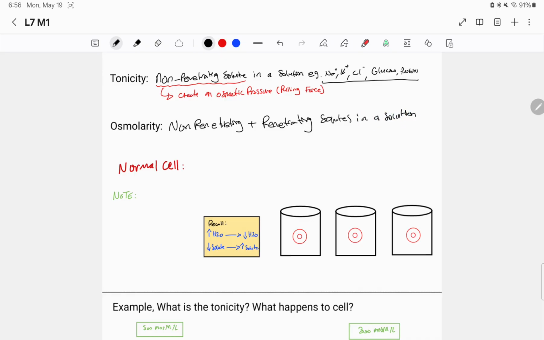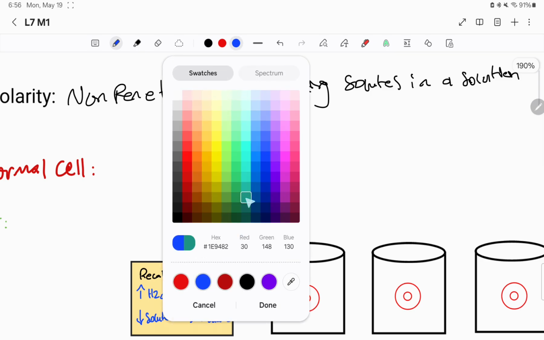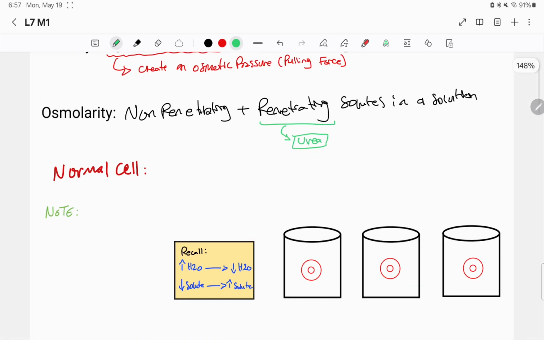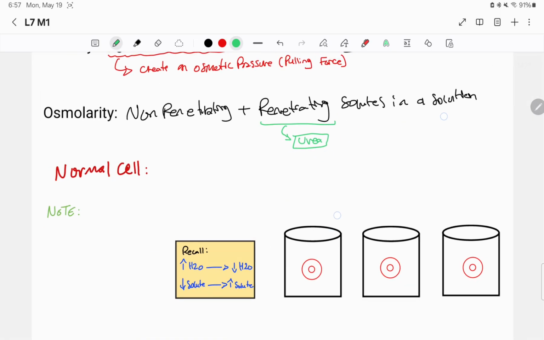And a common example of a penetrating solute that you'll be given on tests is urea, which is a nitrogenous waste product made in the liver but excreted out in the kidneys. This urea is very much lipid soluble, thus it can easily cross the plasma membrane, hence why it's called a penetrating solute. Anything else that is lipid soluble would also count as a penetrating solute.